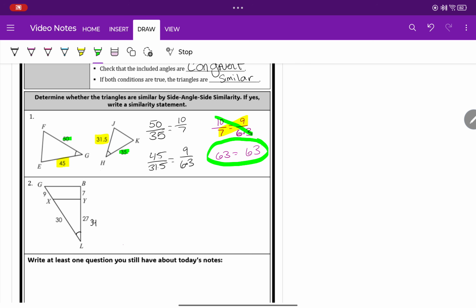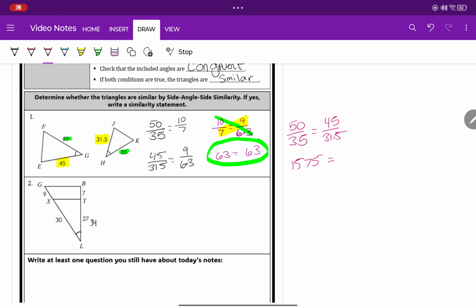So just because when you simplify your ratios, they aren't the exact number, double check it using cross multiplication. If you prefer to just set your first two ratios equal to each other and cross multiply, you absolutely could, because you would still get two values that are the same, just much larger numbers.